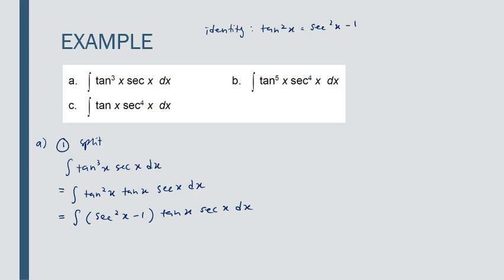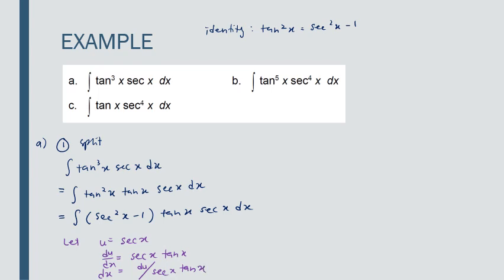Then using substitution, we let u equal to secant x. So du dx equals secant x tangent x. So what is dx? If I want only dx, it is du over secant x tangent x.